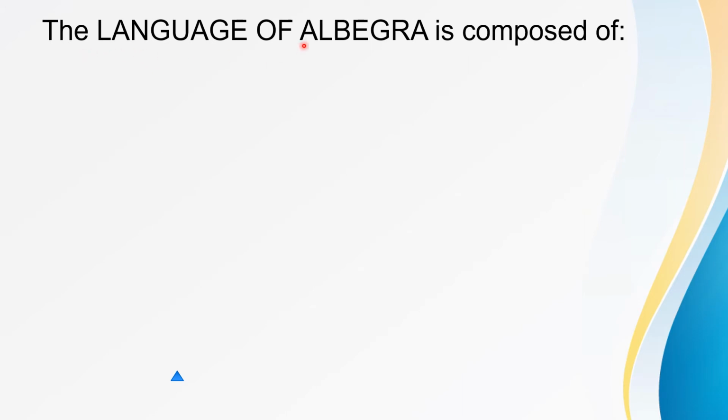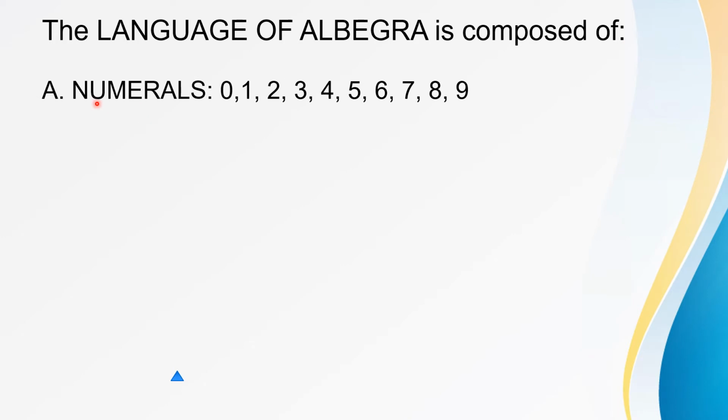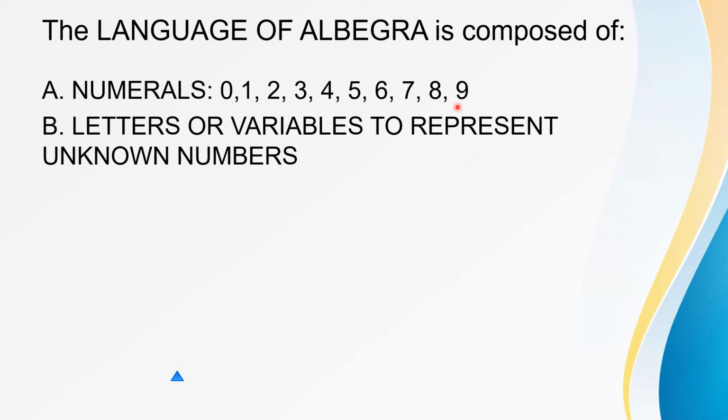The language of algebra is composed of numerals. So numerals are 0, 1, 2, 3, 4, 5, 6, 7, 8, and 9. The letters or the variables represent unknown numbers.